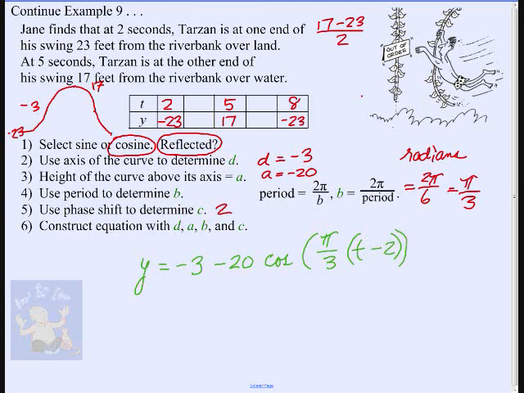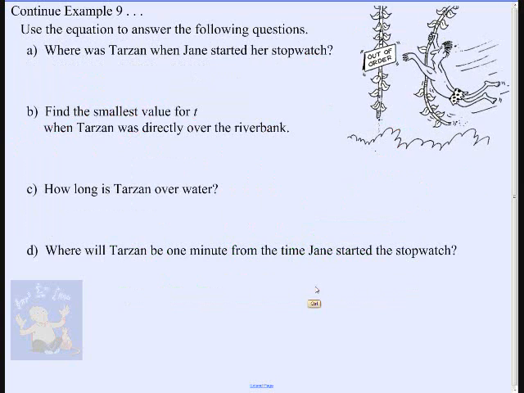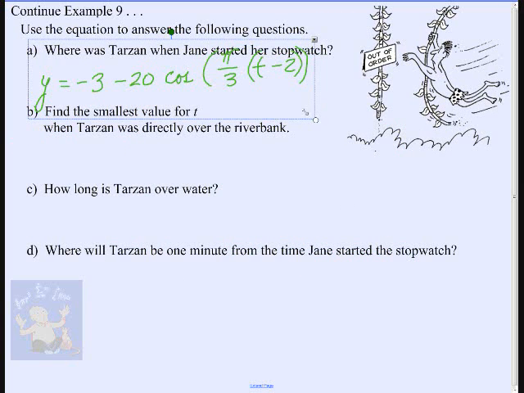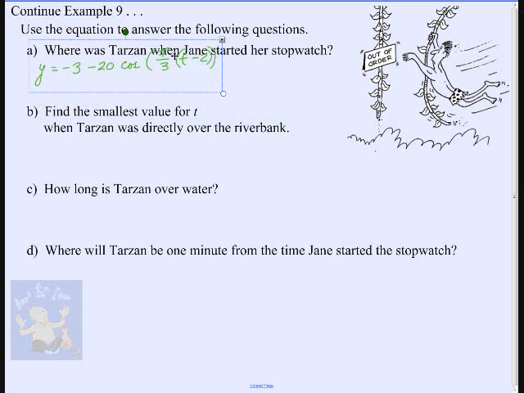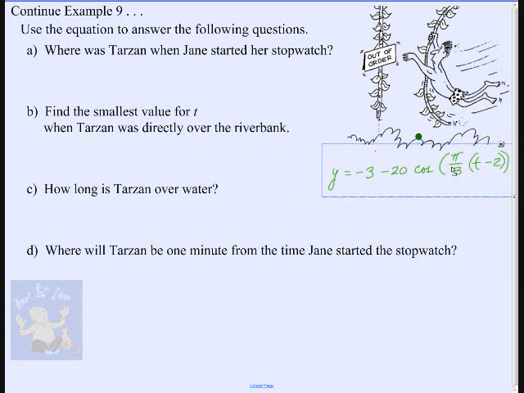All right, very good. I'm going to grab this equation and copy it over to the next page. Maybe we'll make it a little bit smaller, and I'll put it right here for reference.